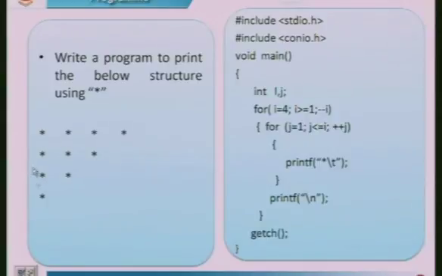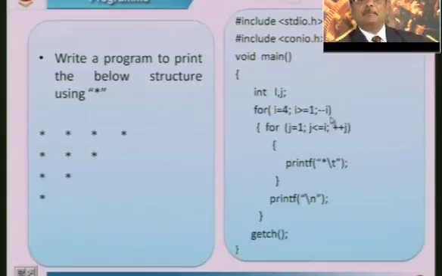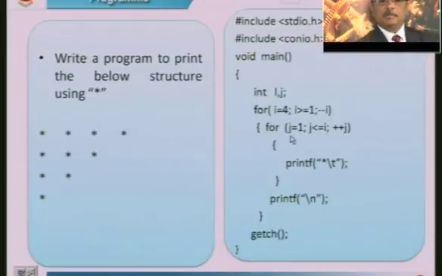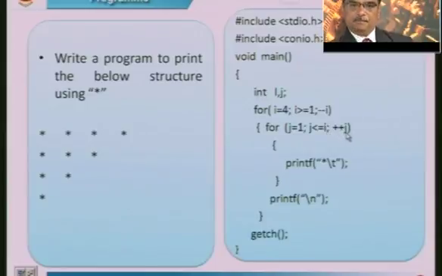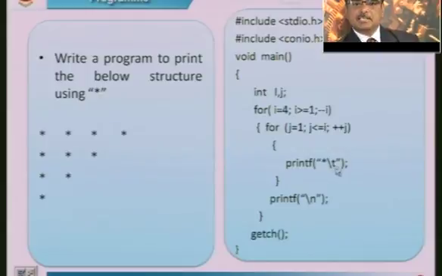In order to generate this, instead of using the forward increment, we will make use of the decrement, minus minus. i is initialized to 4, i greater than or equal to 1, minus minus i. Begin for j equal to 1, j less than or equal to i, the same condition, plus plus j, and inside the loop printf star \t.